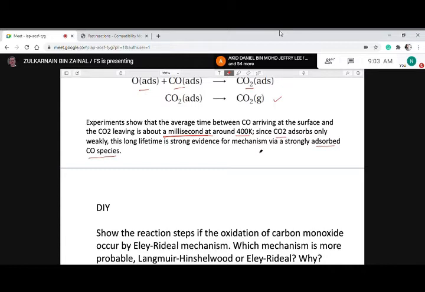We know that carbon dioxide is only weakly absorbed on the surface. With that knowledge, what happens is that carbon monoxide actually makes the reaction slower, right? Because of the strong absorption of carbon monoxide on the surface, although it is a reactant.